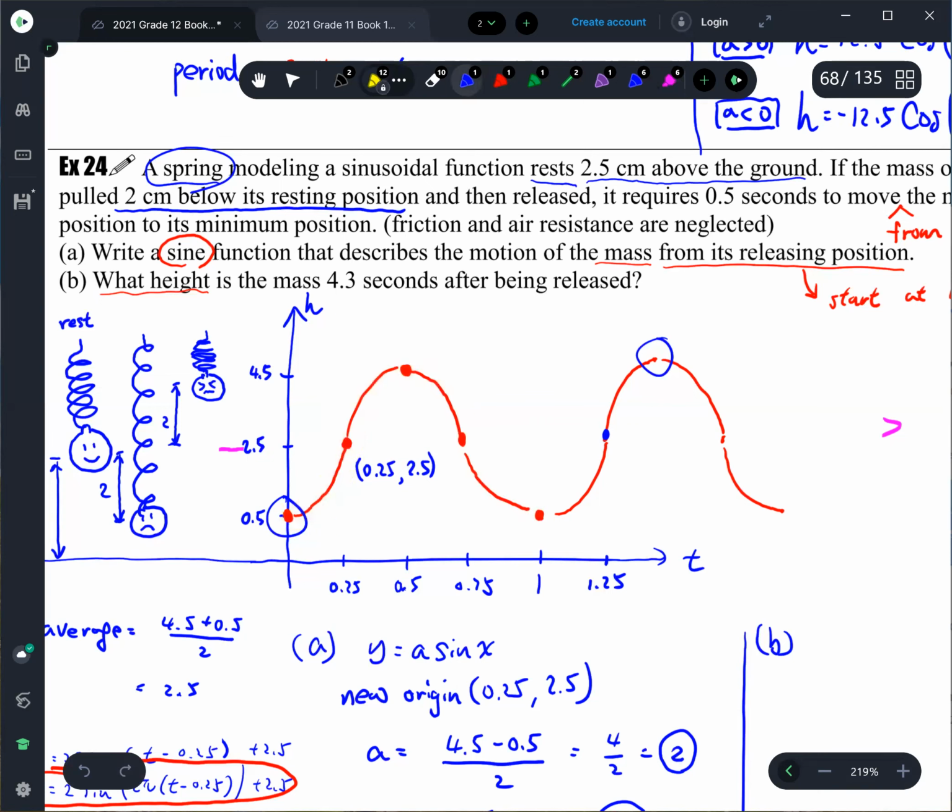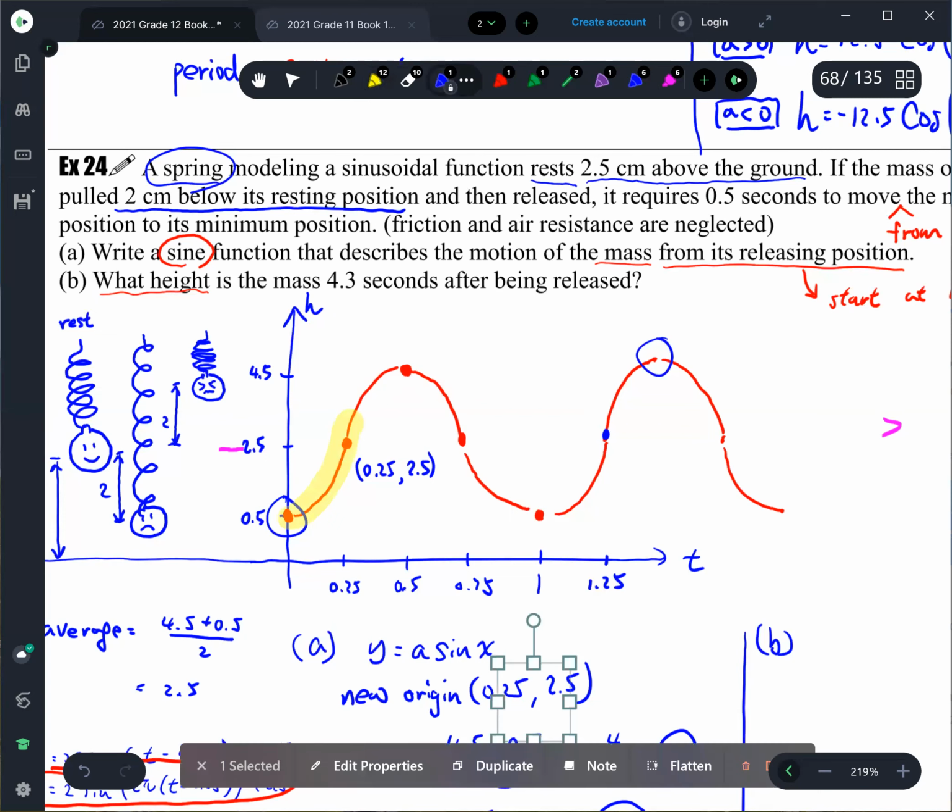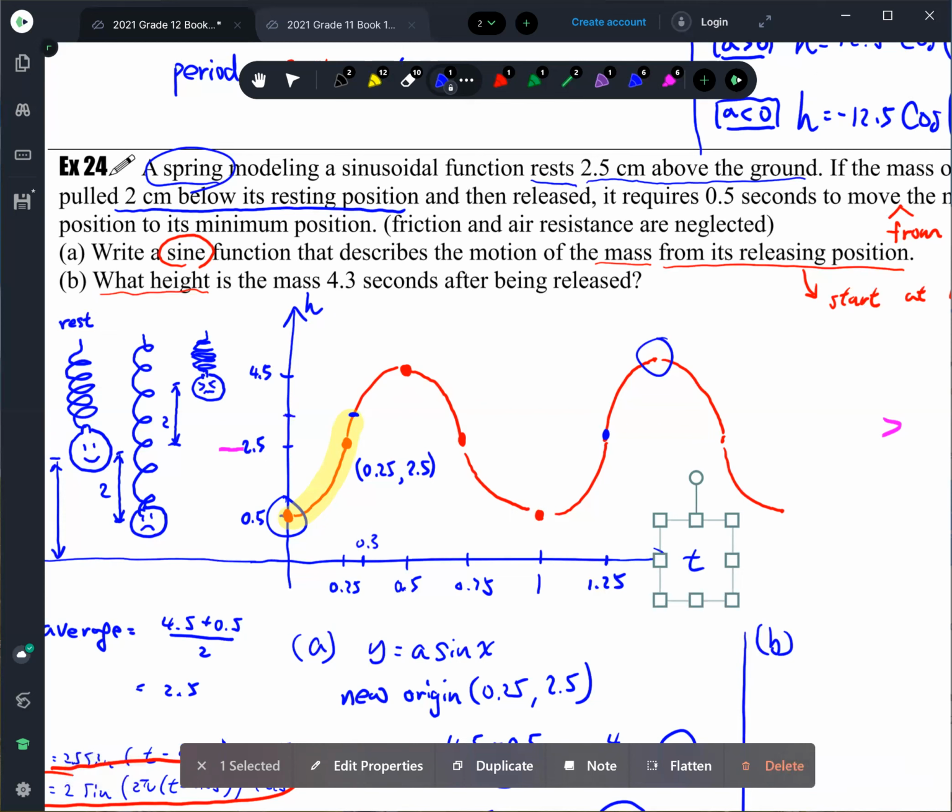So 0.3 seconds will be reaching about here. 4 seconds and then 0.3 second. 0.3 is around this place. So we are guessing the height should be somewhere between 2.5 to 4.5. So probably about 3. Around 3. That's our guess.